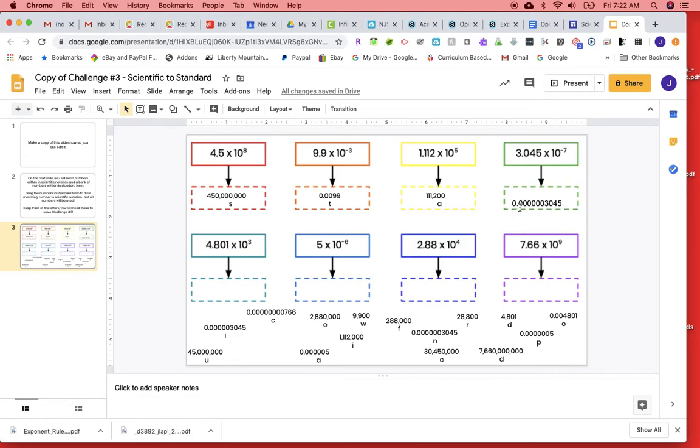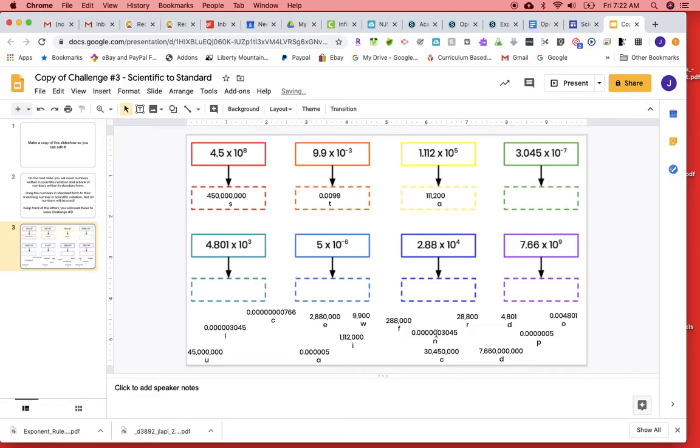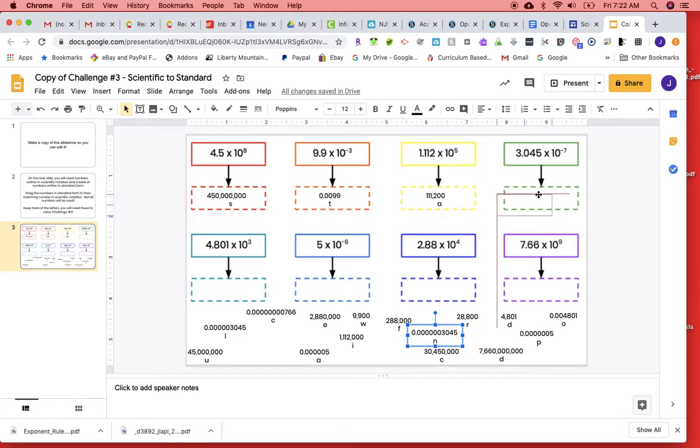And so we have 6 zeros. Let's see, 1, 2, 3, 4, 5, 6. Yep, it's this one right here. So I'm going to delete this. Put it there. All right, we're halfway done.